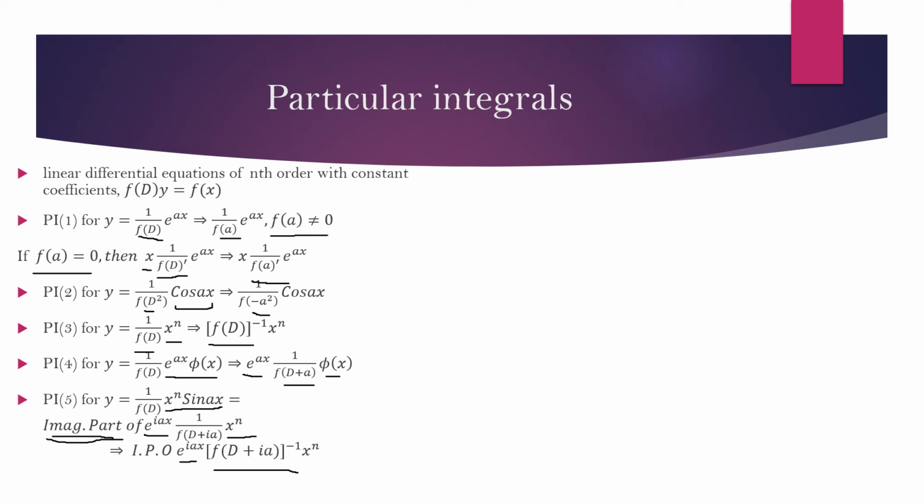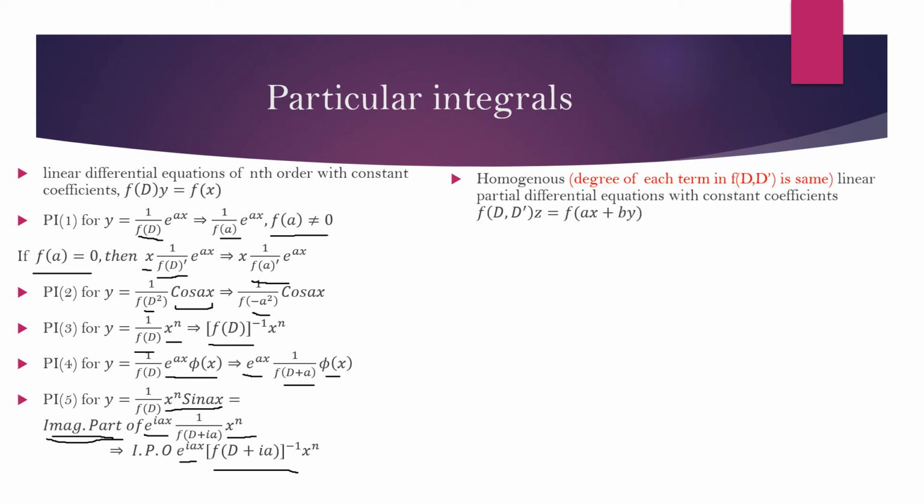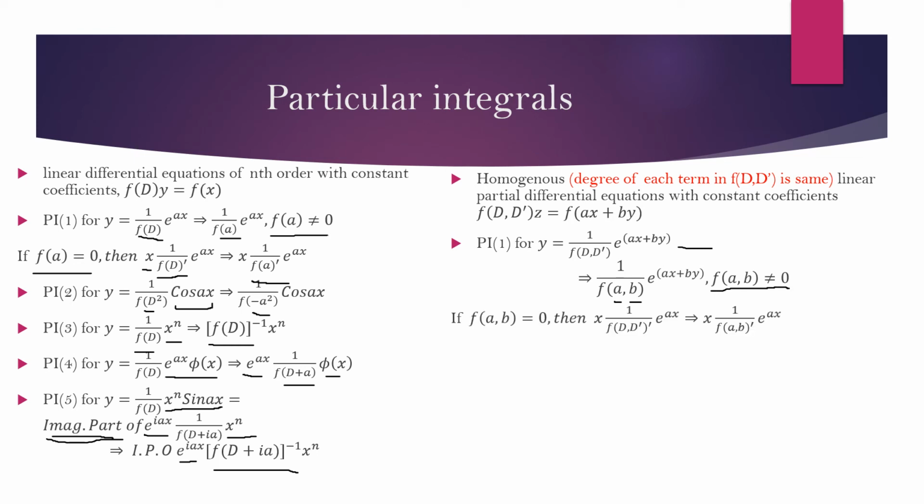Now we are going to study the homogeneous partial differential equation with linear constant coefficients. The PI for it is almost similar to the ordinary differential equation. We have to replace D with a, D dash with b. But the case is always clear that the denominator is never 0.